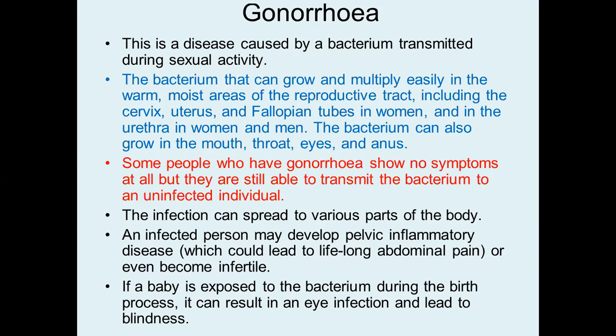In blue, this next point, the bacterium can grow and multiply easily in warm, moist areas of the reproductive tract, including the cervix, the uterus, and the fallopian tubes in women, and in the urethra in both men and women. And then it can also grow in the mouth, the throat, the eyes, and the anus.